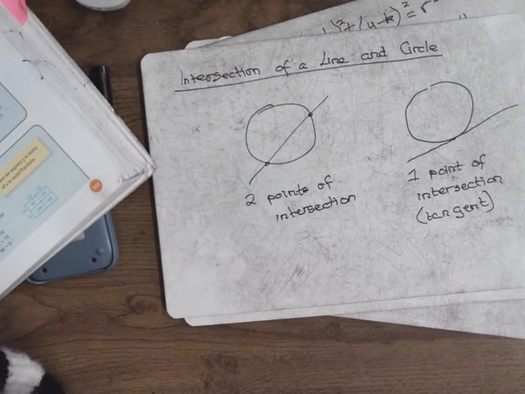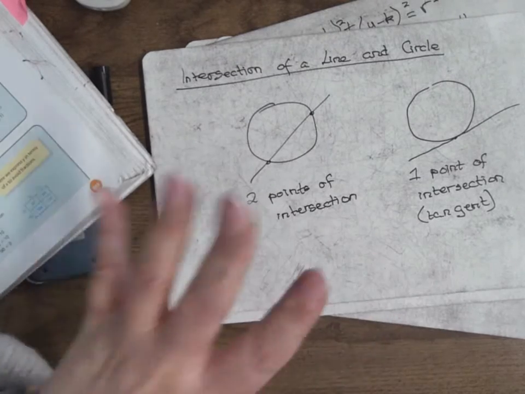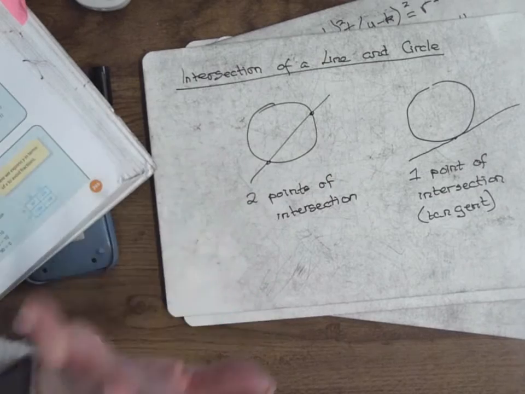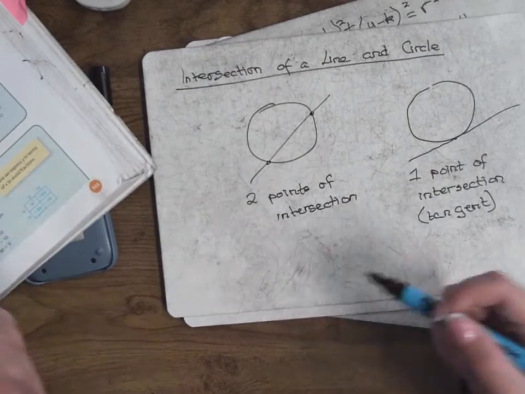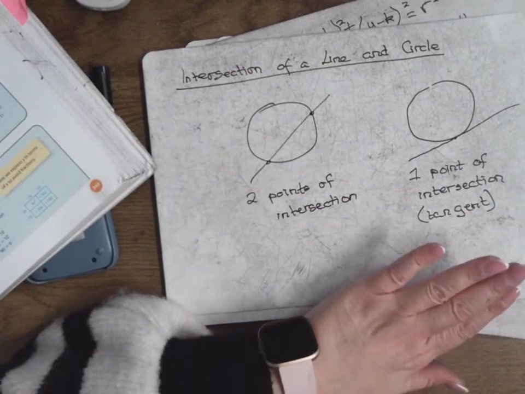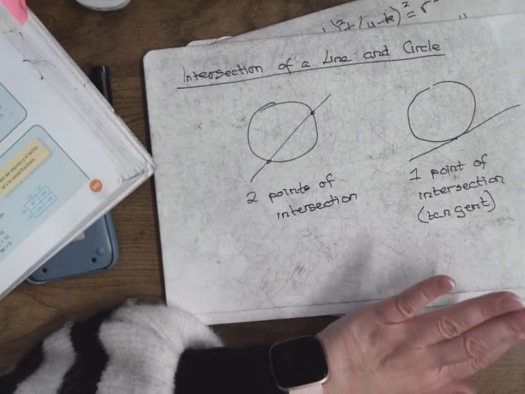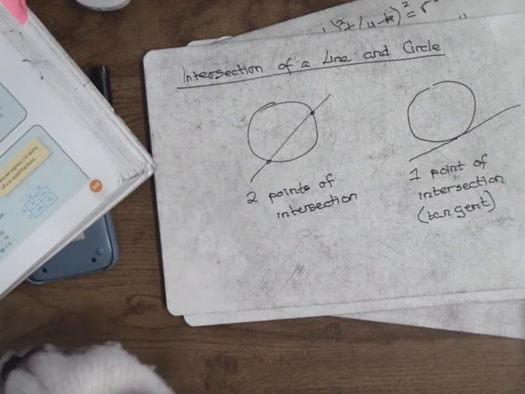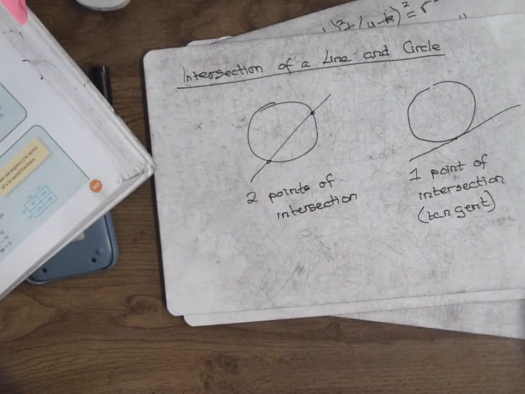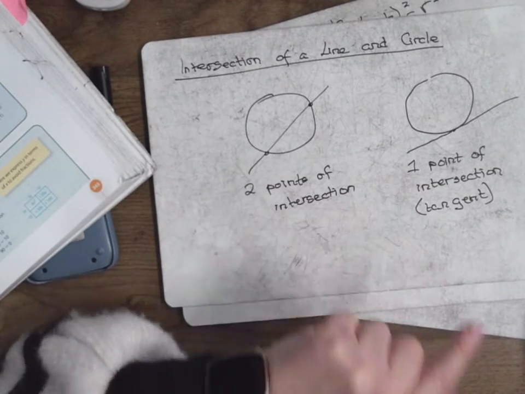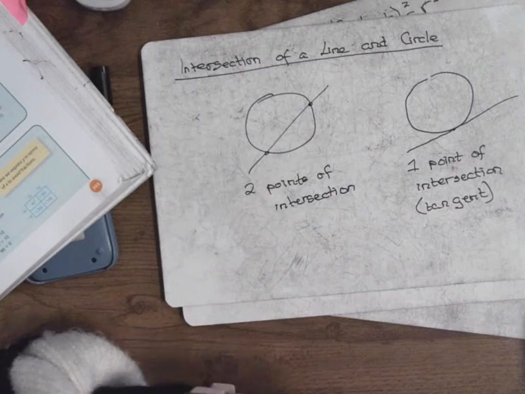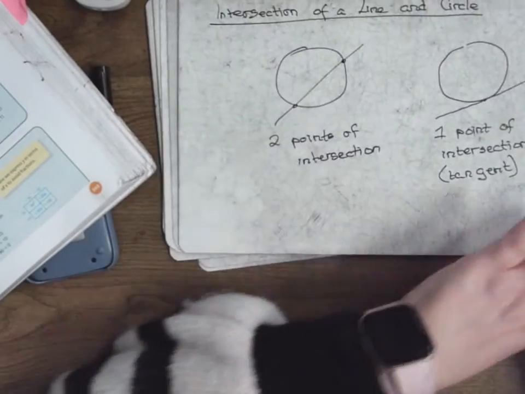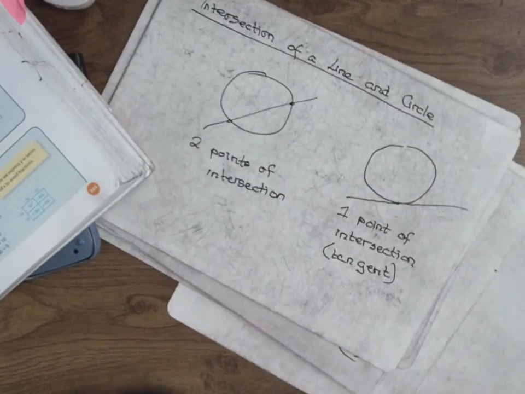So sometimes they rephrase the question differently. If they say prove this line is a tangent, you find the point of intersection, and there's only one, so it has to be a tangent. Is that okay? You will see it as we do examples later on, but for the moment I remind you of how to do it.